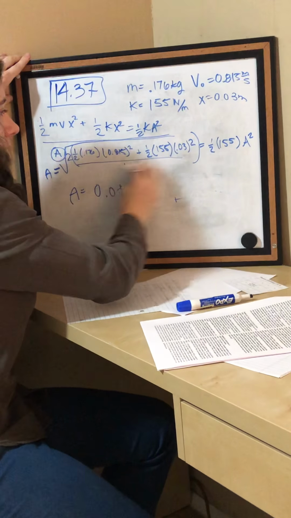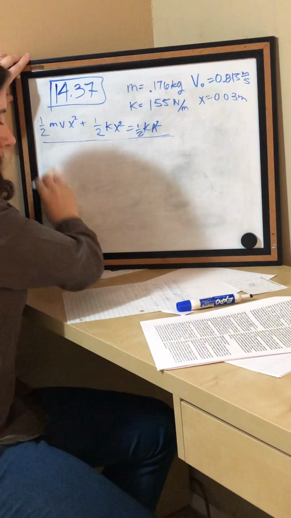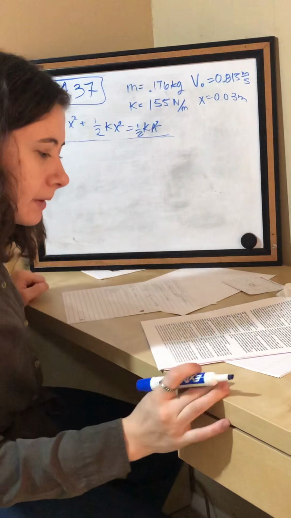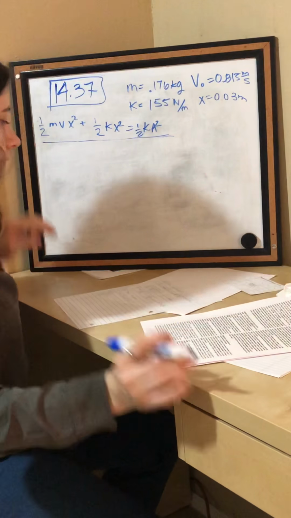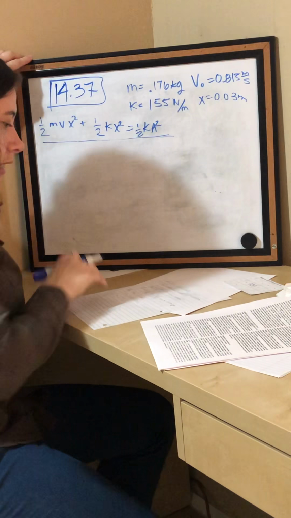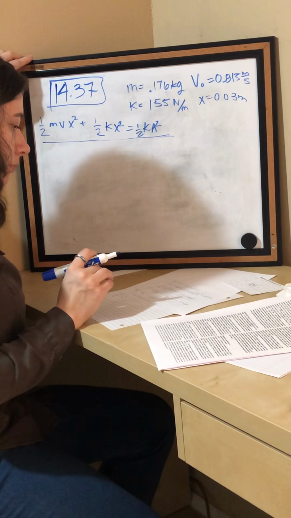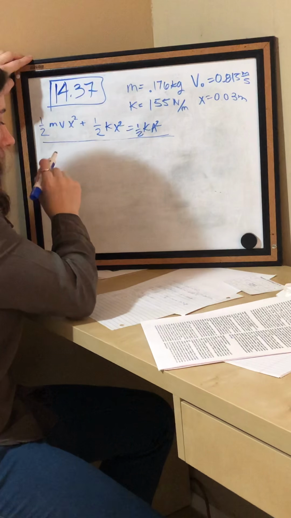So I'm going to erase this, and we're going to do part B. So part B says the maximum speed of the glider. So now we're trying to find the maximum speed. Since we know the amplitude, we're going to just plug in the numbers again.